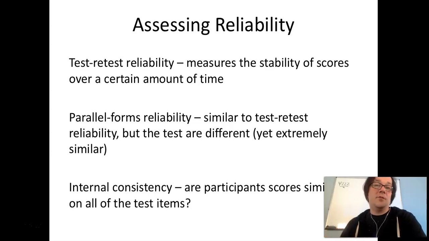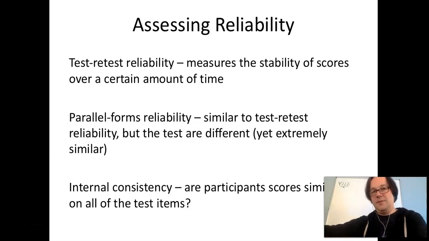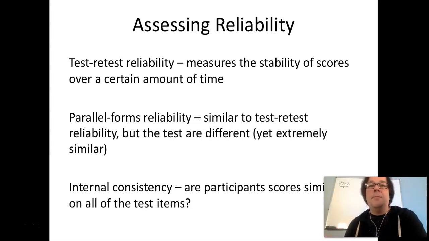One way to assess reliability that makes the most intuitive sense is known as test-retest reliability, which means kind of what the name suggests. We test you once, we wait a certain period of time, and we test you again and compare the scores.